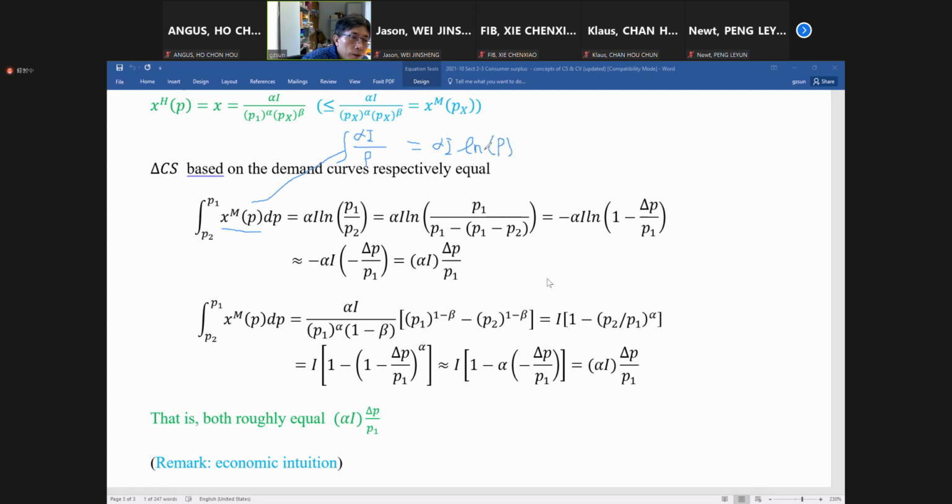So therefore, from P2, so it's a little bit messy, to P1, we get this one. So this is the change in consumer surplus based on Marshallian demand, okay? And for the moment, let's ignore this part. We do this only for comparison between the two numbers.